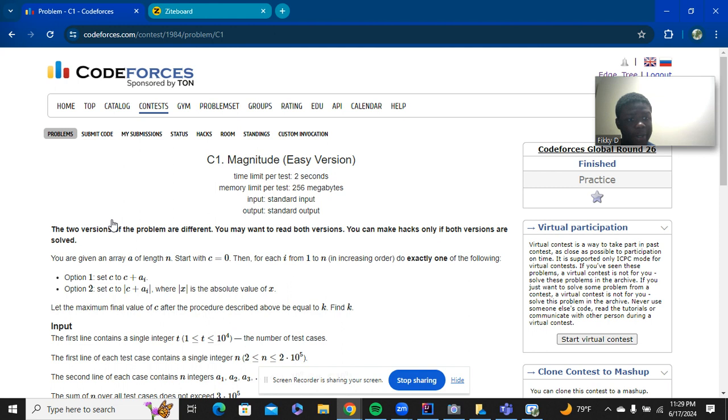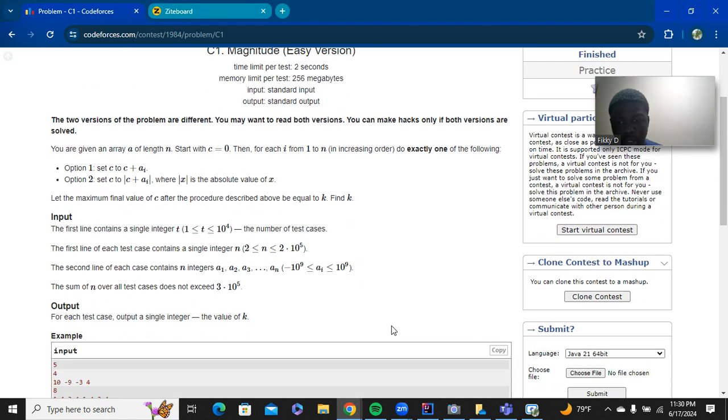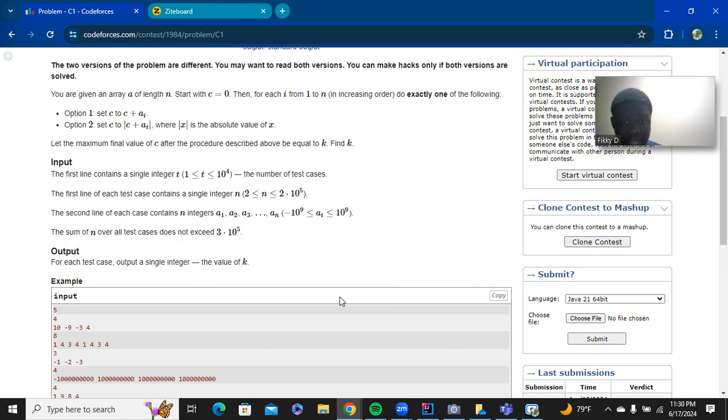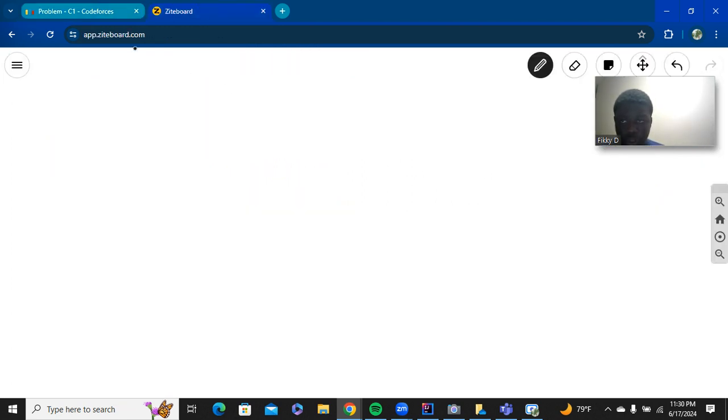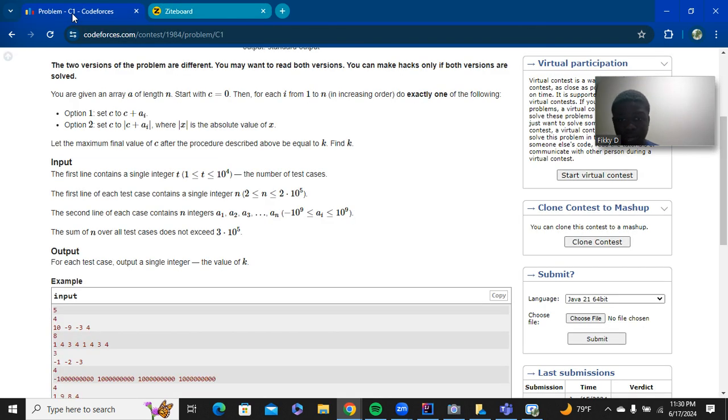So basically, at the nth choice, there's 2 to the n choices. What would be the maximum value? Now, if we look at n, we see that n is 2 times 10 to the fifth. So if we did the brute force and we basically just did 2 to the n choices, that would obviously be egregiously large. So it would not work because n is like 10 to the 5. So obviously we can't do 2 to the 10 to the fifth.